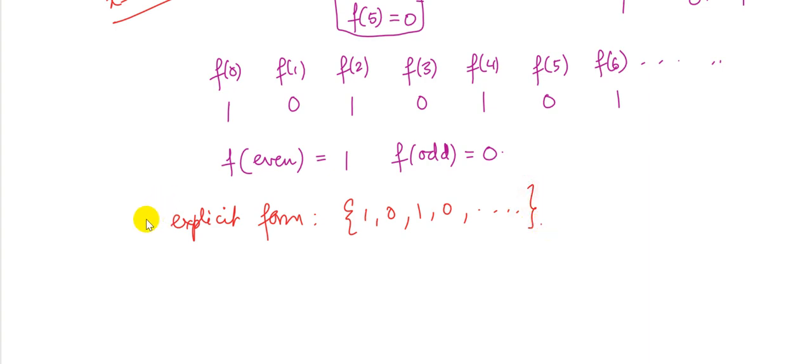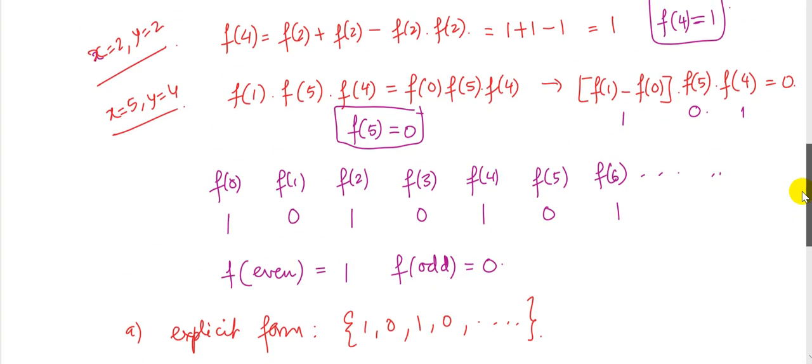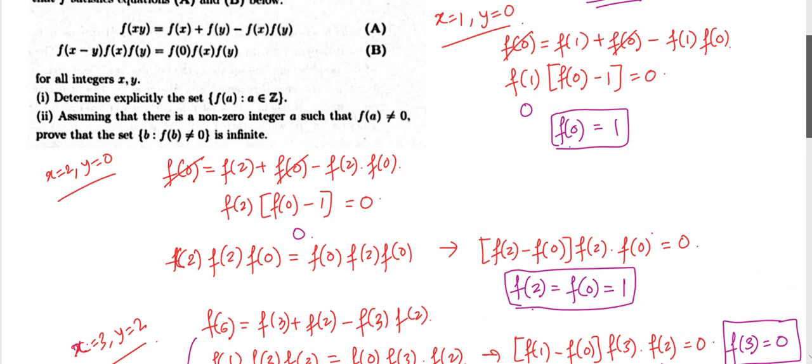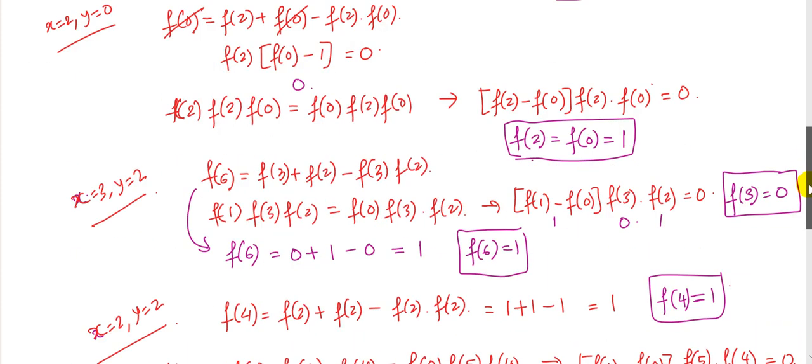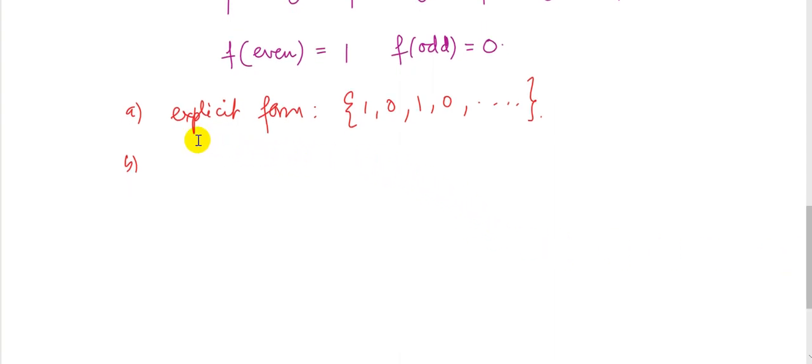So this is the answer to part A, and the answer to part B is where it is asking us to prove that for f(a) not equal to 0 there will be an infinite number of such elements. We can see that the series continues in this form 1 0 1 0. So that means f of odd is equal to 0 and f of even is equal to 1.